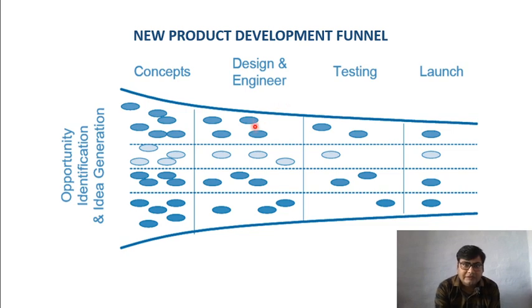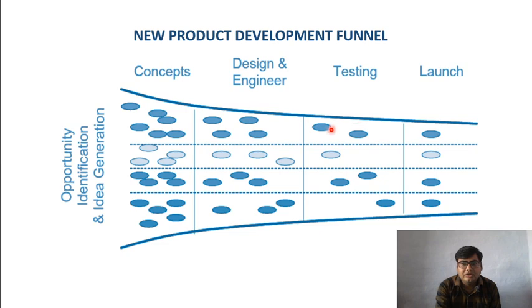After the design is complete, we build a prototype and we test it. So we build a pen and we build a pencil and we test them on paper and see which is better. And after the testing, if we find that pen is the better option, then we will launch pen as our product. If we feel that pencil is the better option, then we will launch pencil as our product, but we will launch only one product in the end.